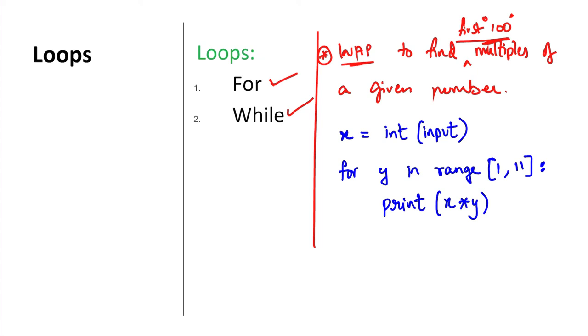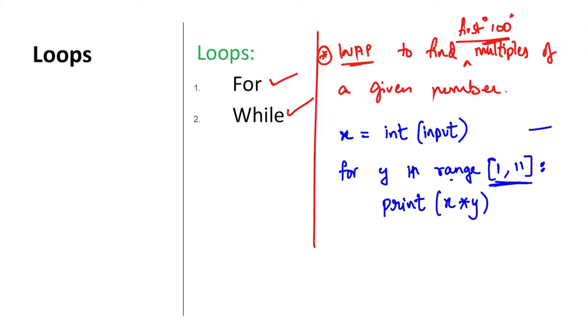Now what I have done is I took the input in x, and then I started a loop with a variable named y, for 1 to 11. 11 is the highest limit, which means starting from 1 up to the 10th.